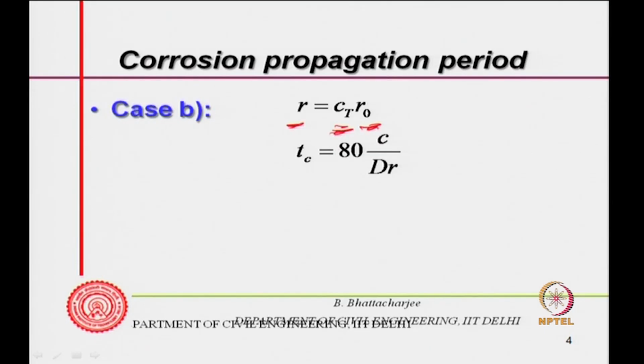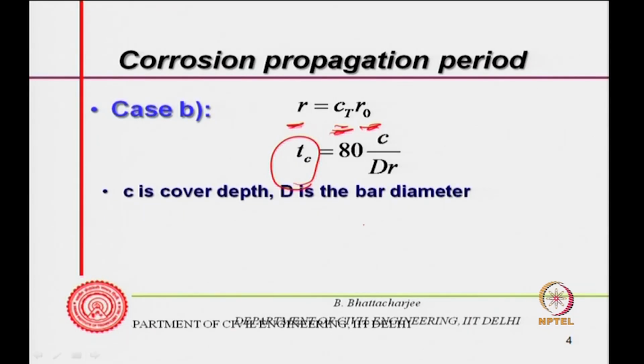R0 is the reference corrosion rate at standard temperature, and at any other temperature it will be given by R. The time of corrosion for delamination would be 80 C by dR, where C is the cover depth and d is the bar diameter.